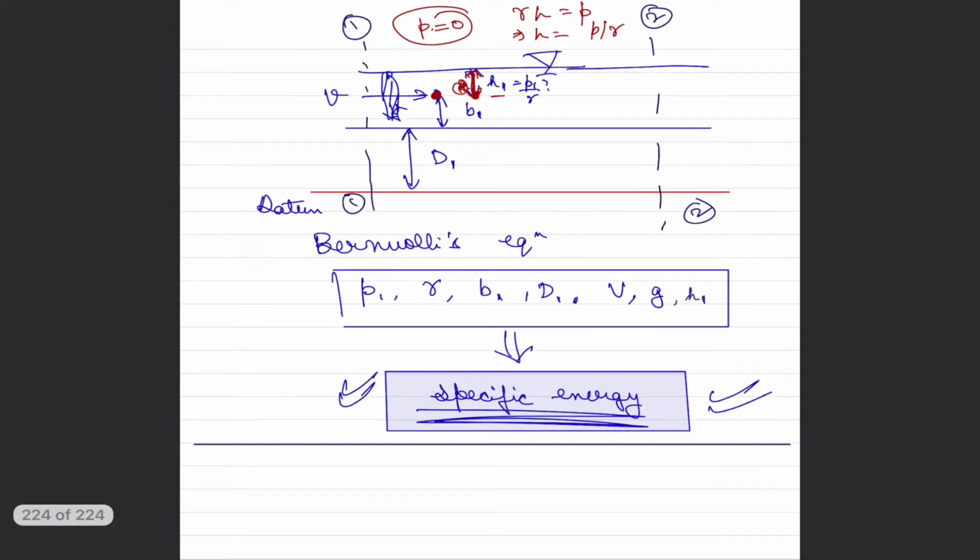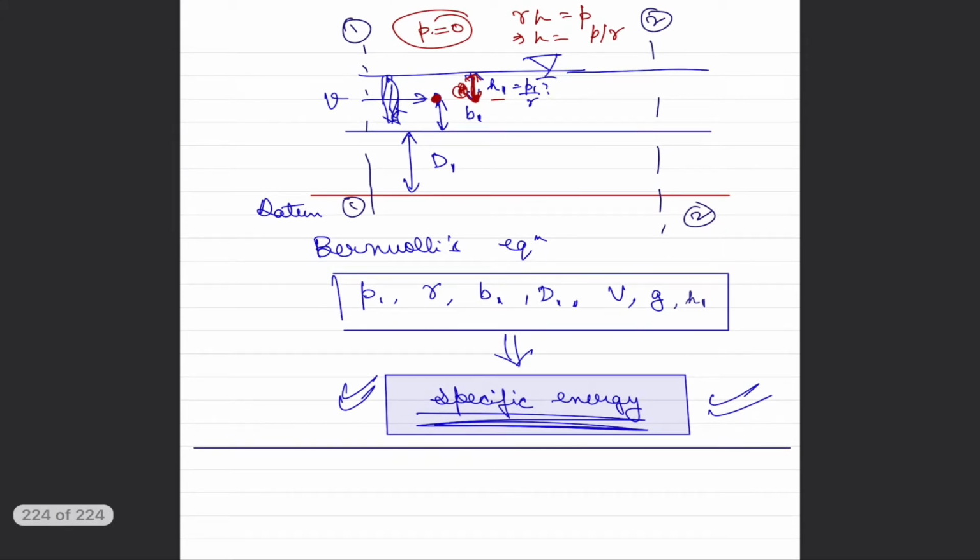Now, if the datum is defined somewhere such that this happens to be our channel bed, and I am marking this channel bed as section CC, the distance or elevation of this CC from any datum that we have chosen is D1.